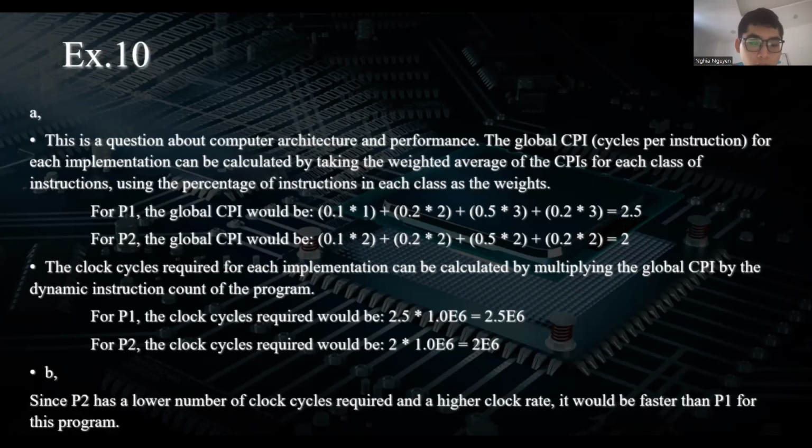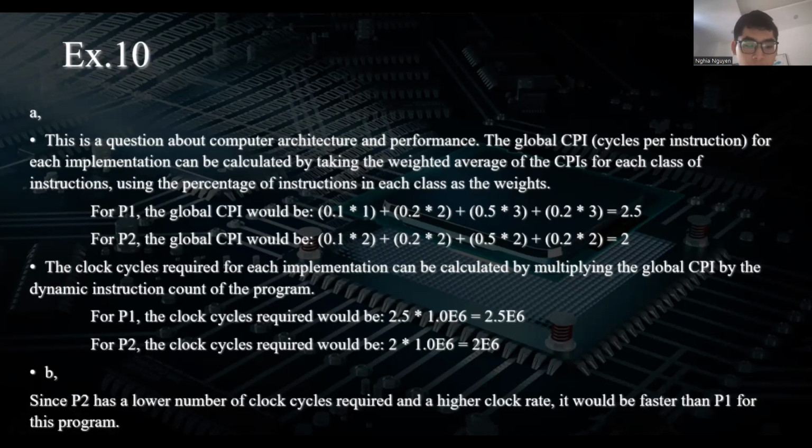For P1, the clock cycles required would be 2.5 multiplied by 1.0E6, which equals 2.5E6. For P2, the clock cycles required would be 2 multiplied by 1.0E6, which equals 2E6.